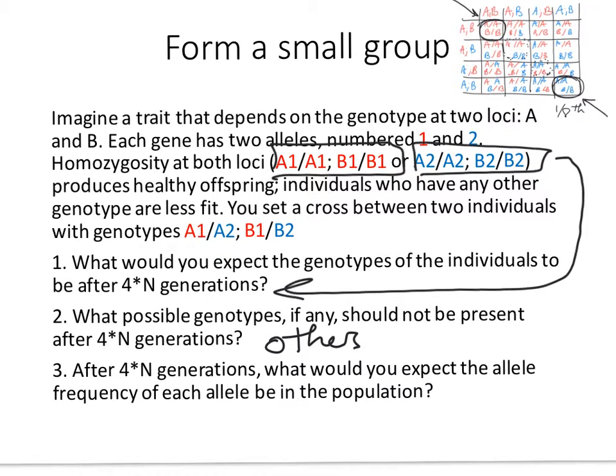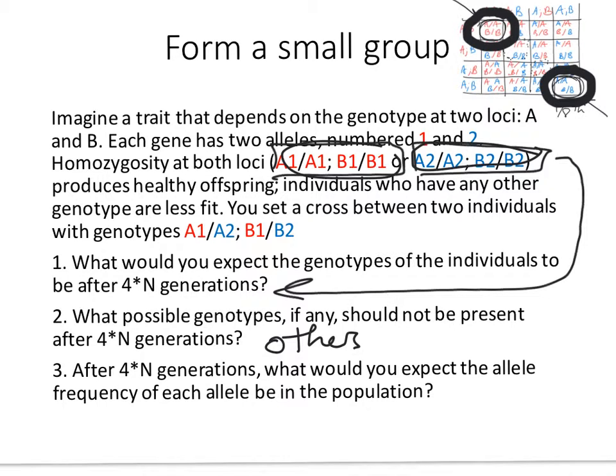So if the all-blue individuals and the all-red individuals are equally fit, then you would expect potentially to see as many A1s as A2s, or red alleles and blue alleles. So in sum, after that many generations, you might see only those individuals in the population, because those are the fittest genotypes.